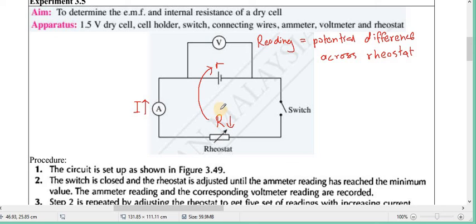So logically, let's say I slowly increase the resistance of the rheostat. What will happen is more and more of the potential difference will go to the rheostat, right or not? And when I increase the resistance more and more, the current will become lower and lower, right or not? So follow this trend, follow this route.